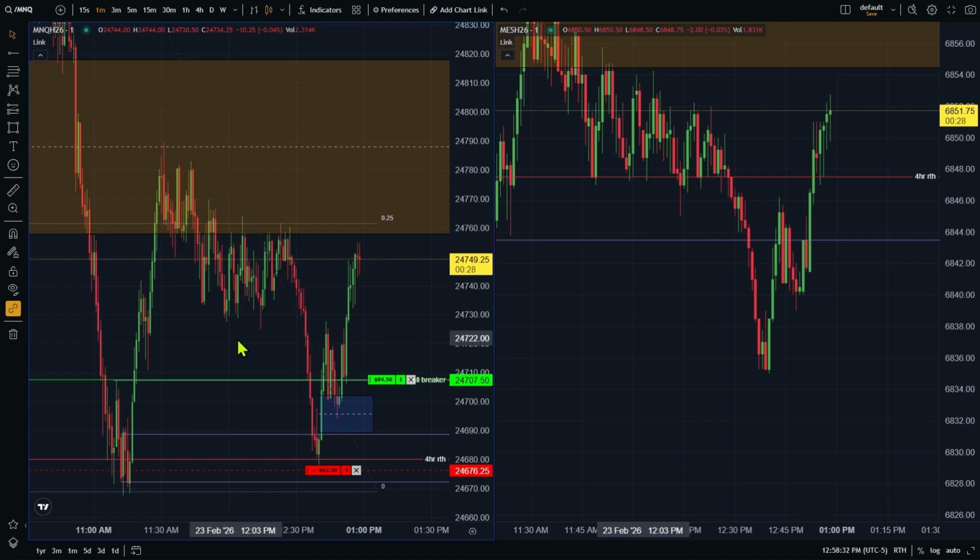I don't like the fact that it's not pushing through here with authority. I think it will, but I'm not convinced enough to add more risk, add more size.